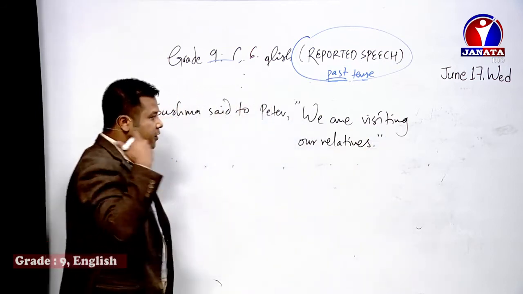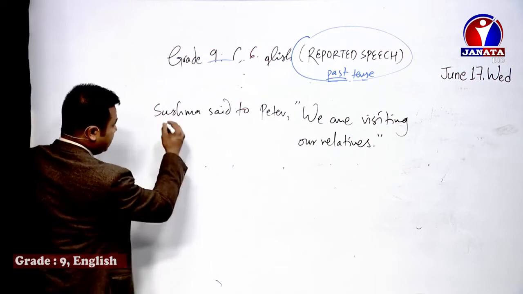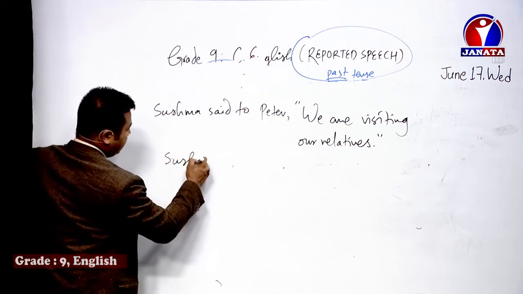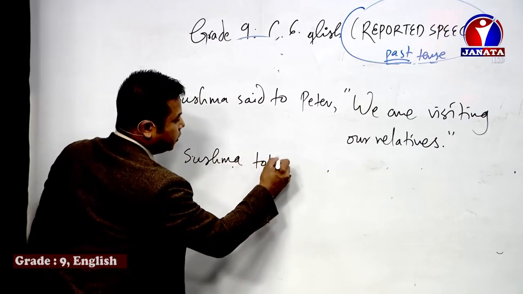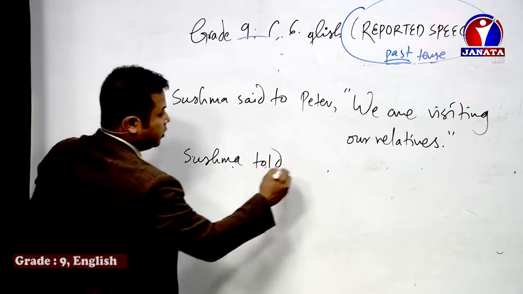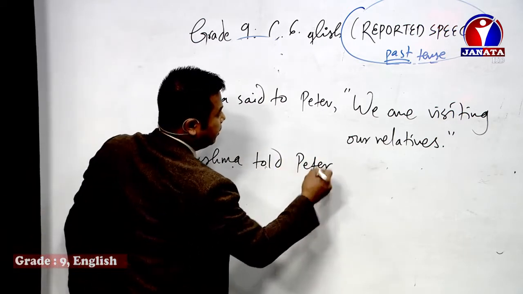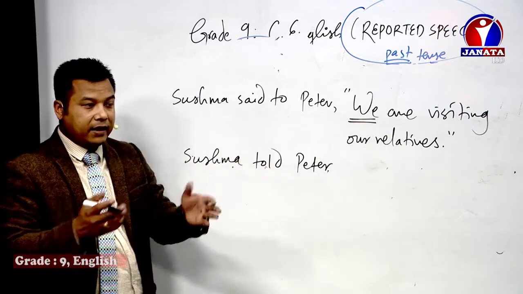See, randomly, I have just thought of a sentence, we're visiting relatives. Now, how do you transfer? Susma is a speaker. Said to changes into told, because this is a statement. Told who? Peter. Then we have got a pronoun. This pronoun is we, a first person pronoun.